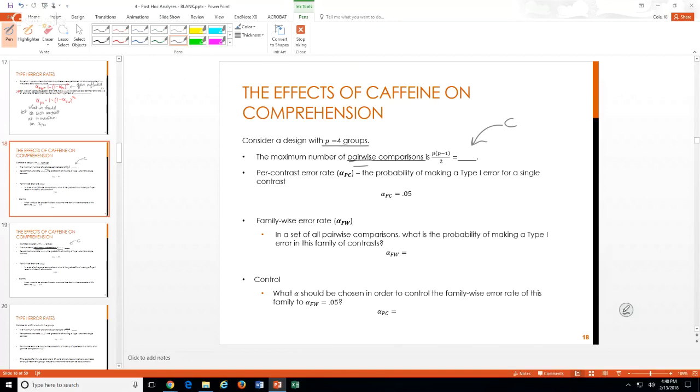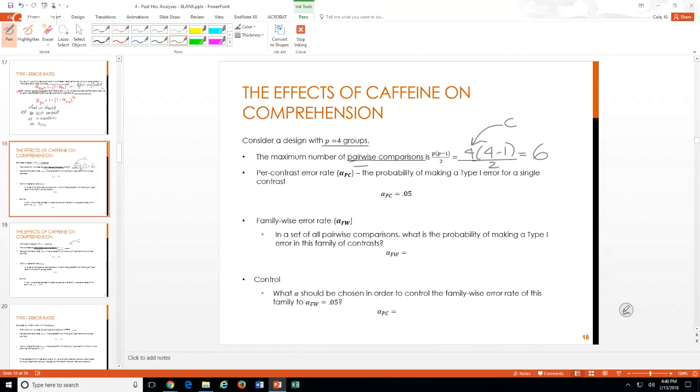Is that good? Okay. So here, we have a design with 4 groups, just like our caffeine group. Let's say we were to do all pairwise comparisons. How many comparisons would that be? What is 4 times 4 minus 1 over 2? 6, okay?